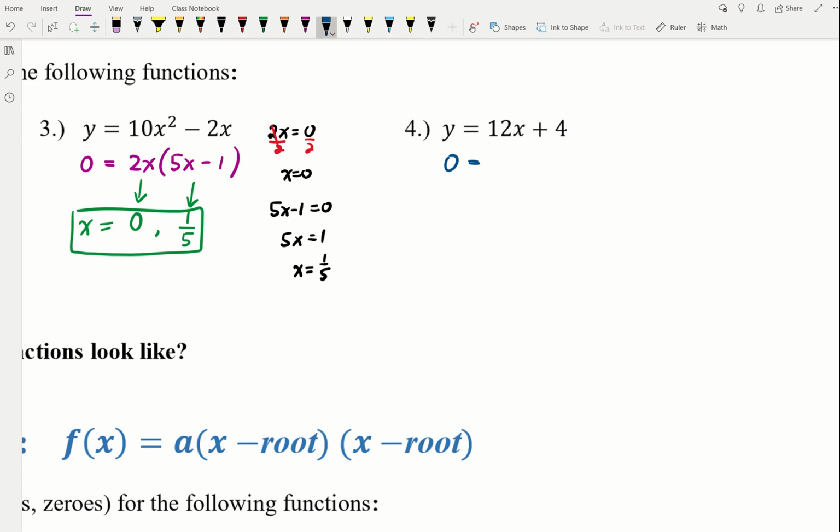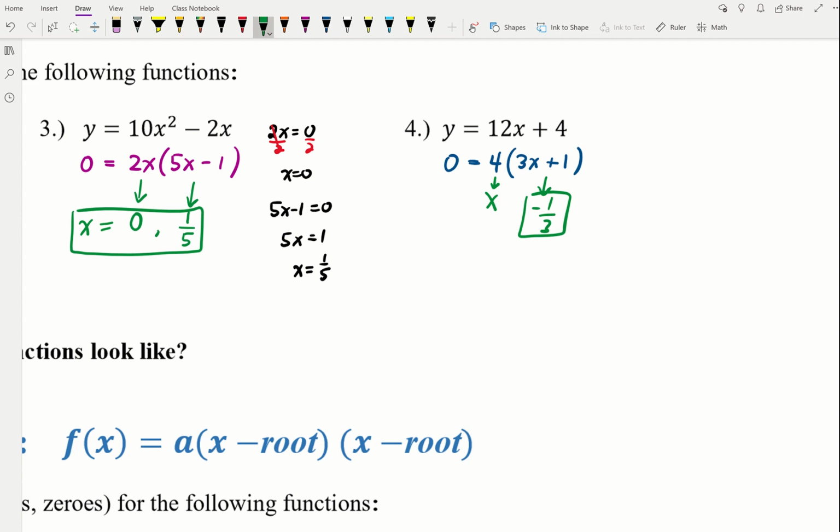All right, 12x and 4 have a 4 in common. All right, 4 times 3x is going to give me 12x, and then 4 times 1 is going to give us 4. Well, nothing is going to make the 4 0, so there is no answer there. Over here, we would subtract 1, giving us negative 1, divide it by 3 to get negative 1/3 as our only answer.